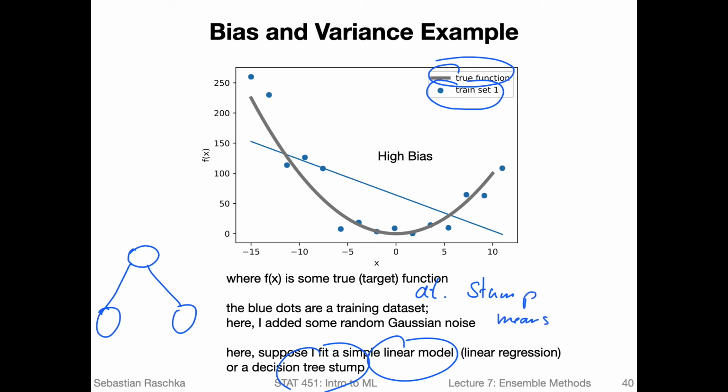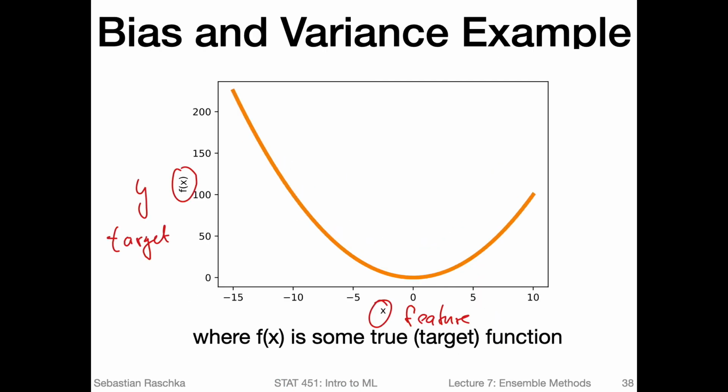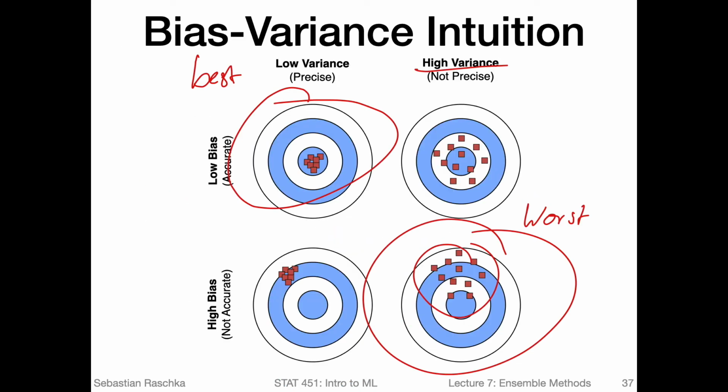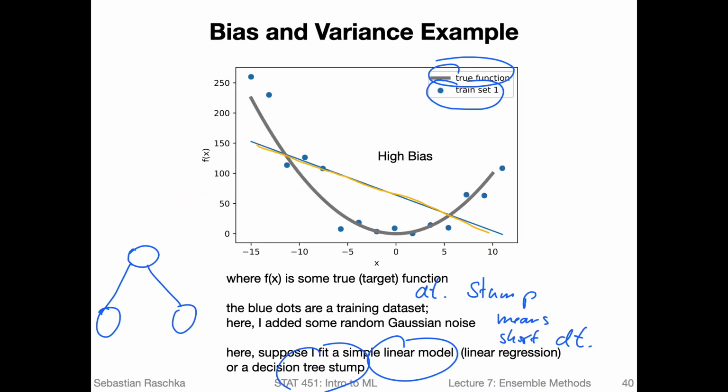If we have a very simple decision tree or a linear regression model, we may fit the data like this here, and this would be a case with a high bias. Recall, high bias means that we are systematically off by a certain degree.